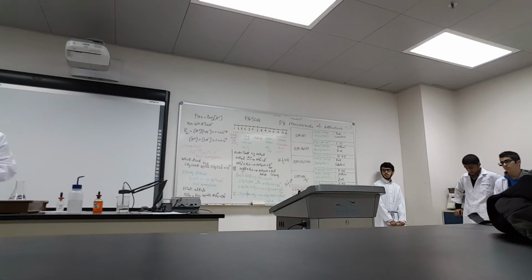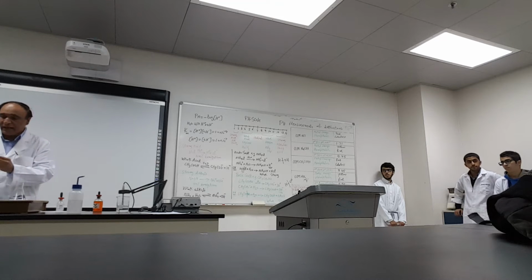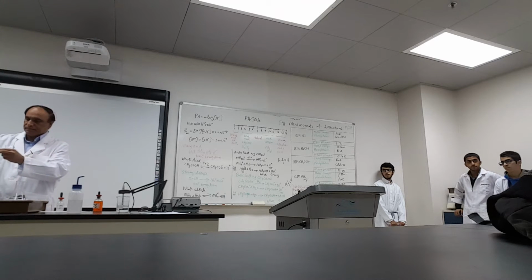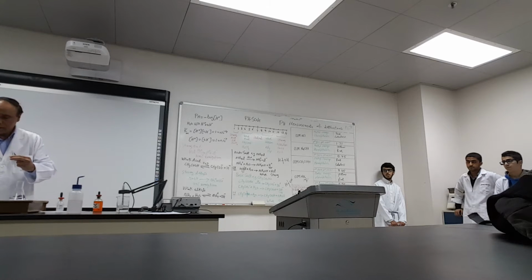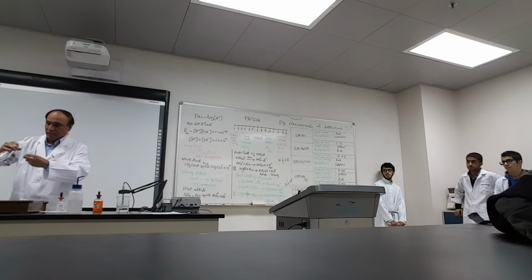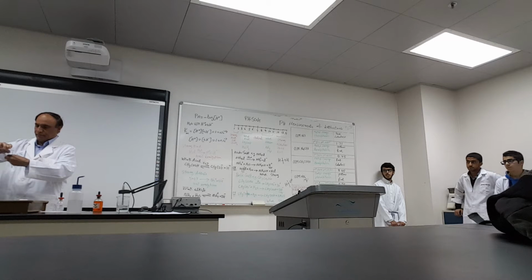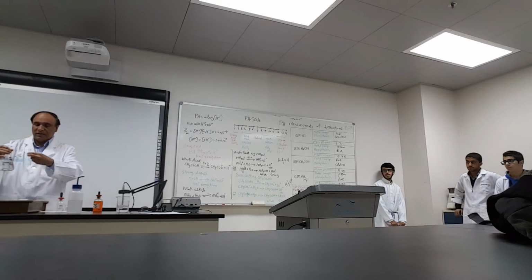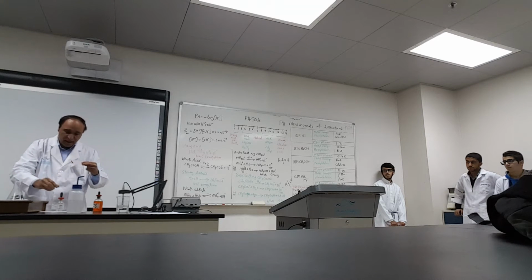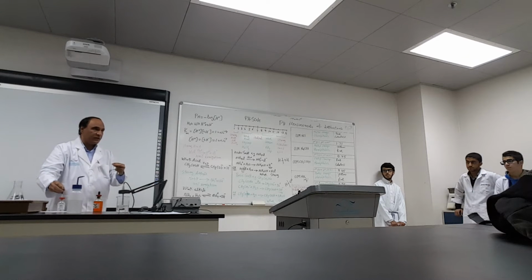Now I take the other tubes. I again take HCl. It is a strong one. And I take ethanoic acid, and I add into it the indicator.